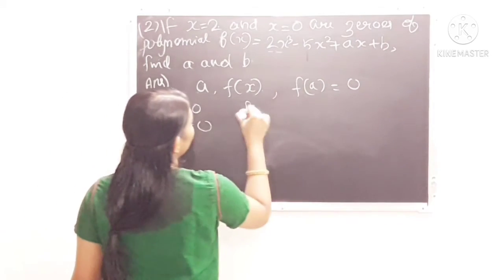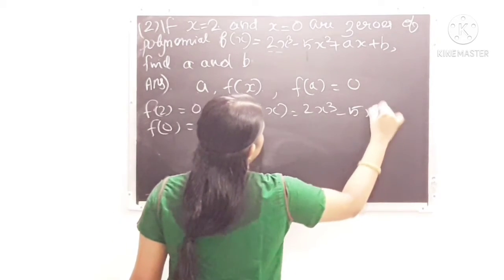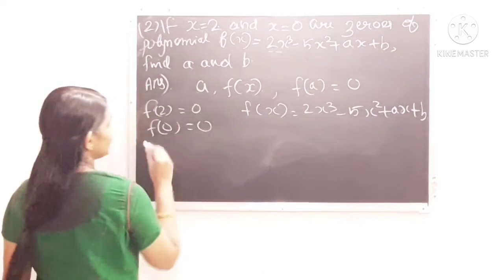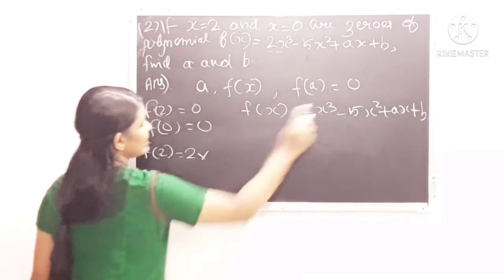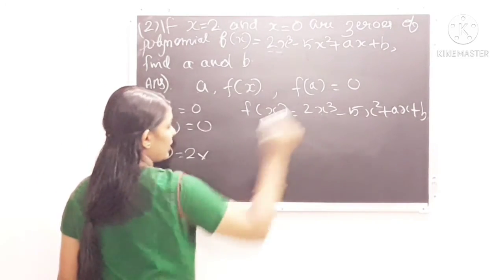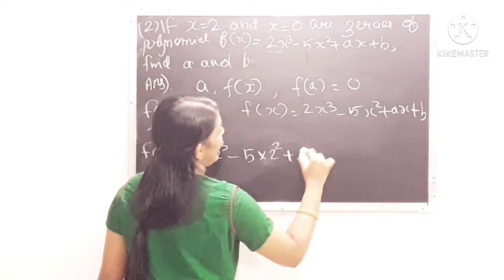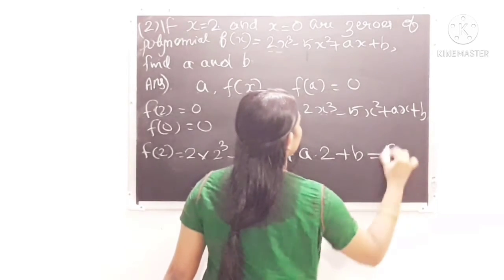The given polynomial is 2x cube minus 5x square plus ax plus b. So what is f of 2? F of 2 is equal to 2 into, we have to put x is equal to 2. So here x ന്റെ സ്ഥാനത്ത് നമ്മൾ 2 ഇടണം. So x cube എന്ന് പറയുമ്പോൾ 2 cube എന്ന് വരും. Minus 5 into 2 square plus a into x here is 2 plus b, and it is equal to 0.